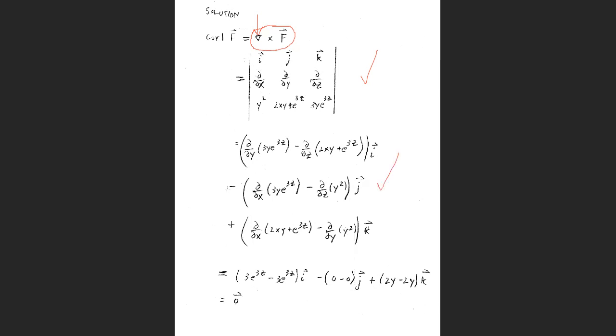And it turns out that this curl was equal to the zero vector, and so that vector field F was a conservative vector field, and therefore it would be worthwhile trying to find a potential function for that vector field.